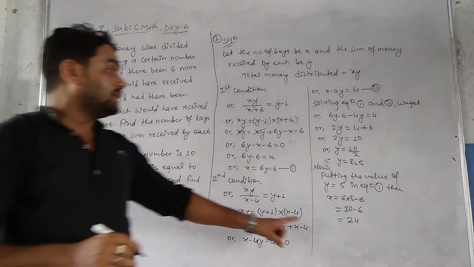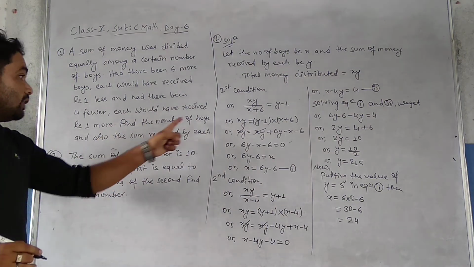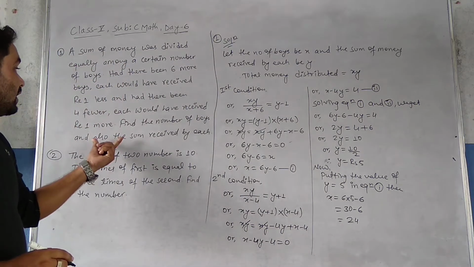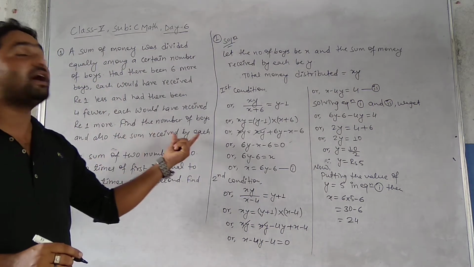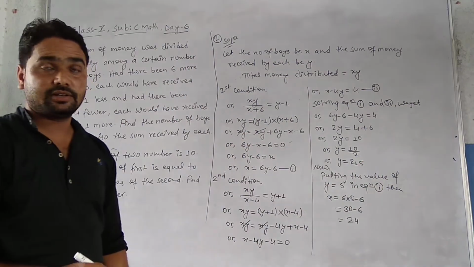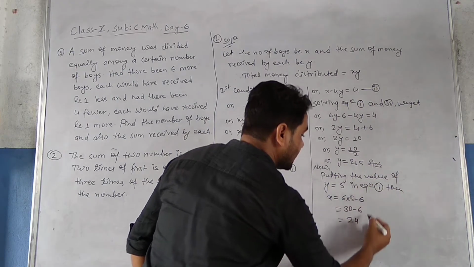That means, while distributing that, it is said to find the number of the boys. The number of boys is 24, and also the sum received by each, that means they receive RS 5 each. These two are our answer, so write the answer like this.